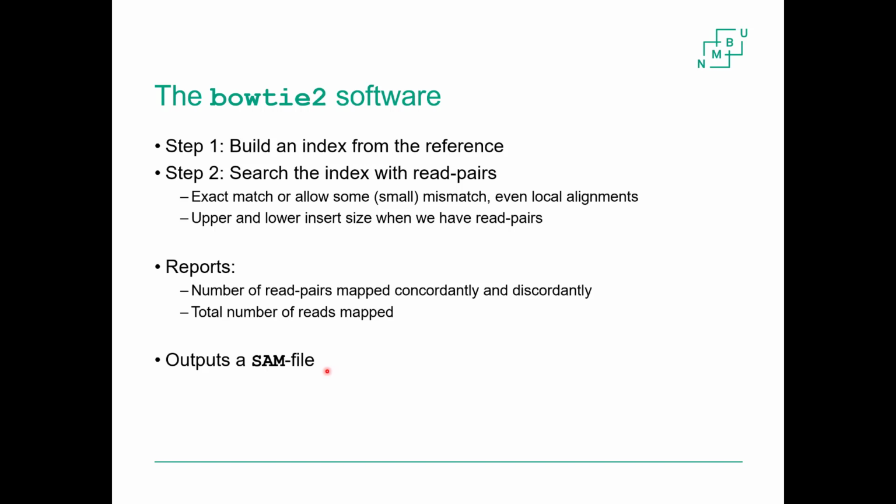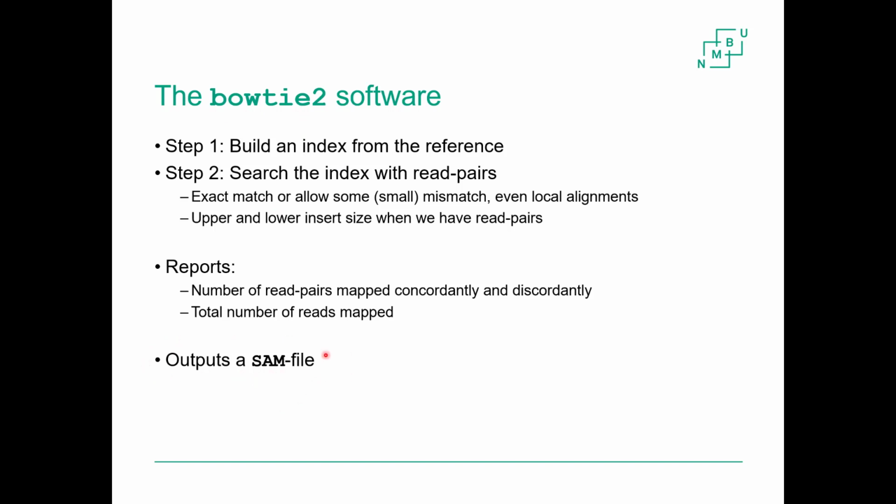And the output from this is a SAM file. I will not talk about SAM files here now, but we will see some SAM files in the exercise or in the examples. All the software that does this read mapping typically outputs SAM files, or at least that's an option. So it's not only Bowtie doing that.